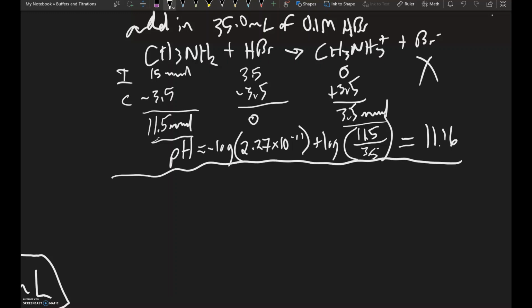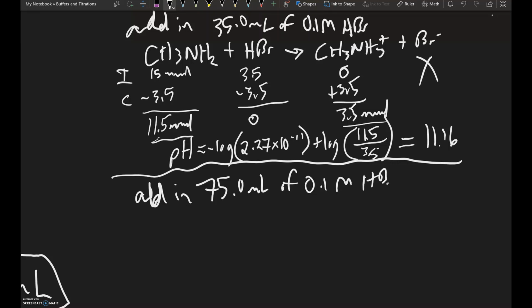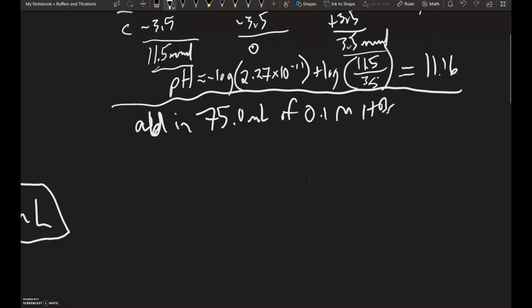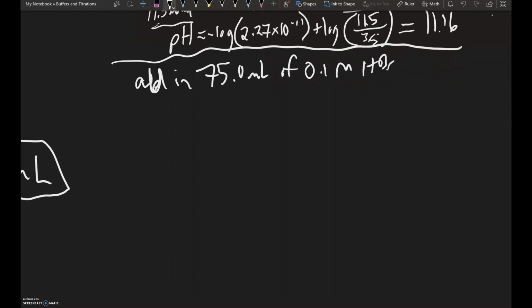So next problem, we're going to add in 75 milliliters of the 0.1 molar HBr. Same concept. We're going to go through the stoichiometry part.